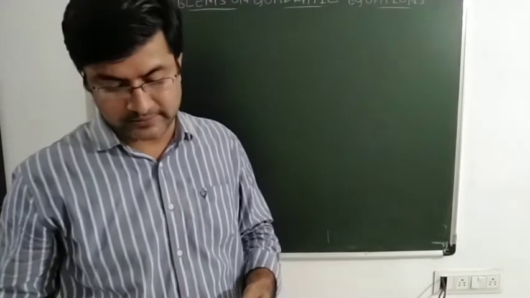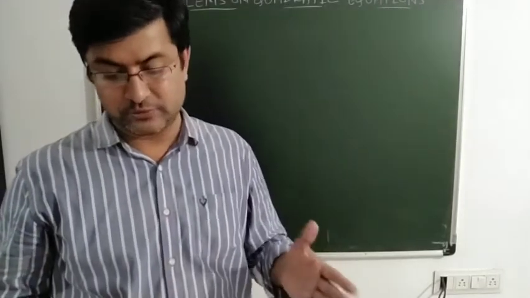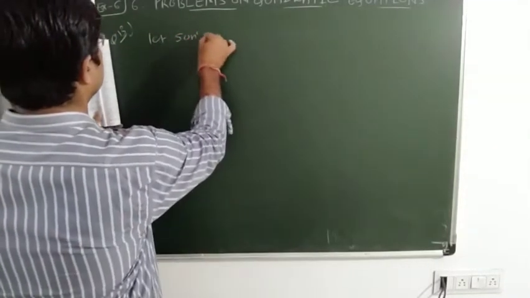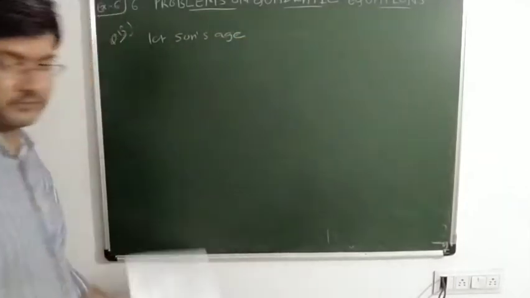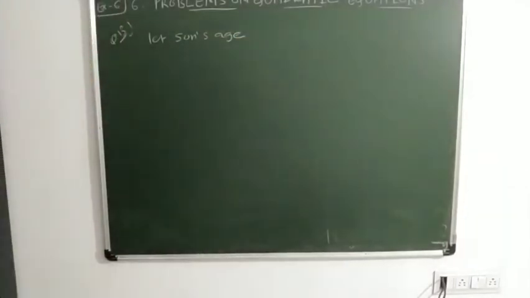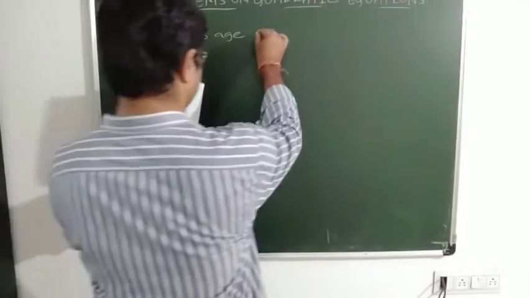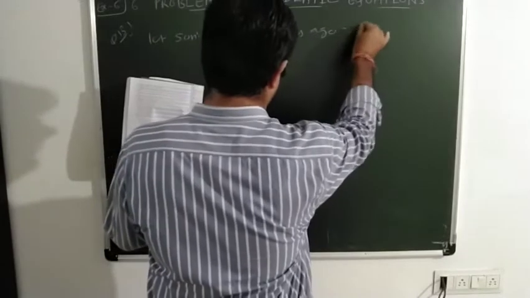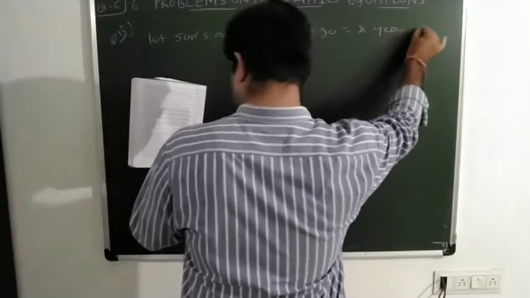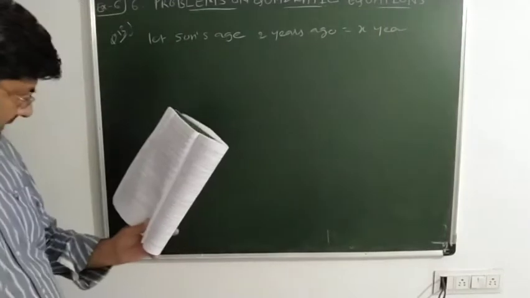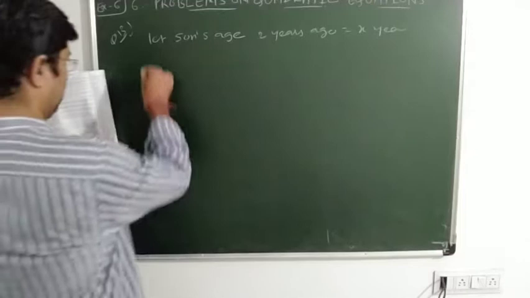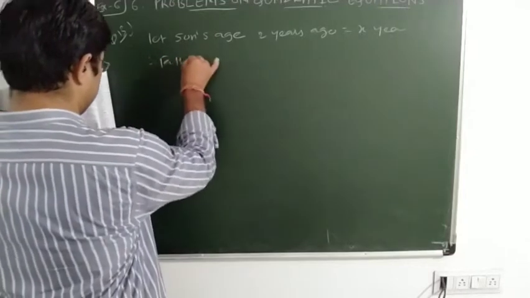Okay, so let us consider that the son's age 2 years ago was x years. Therefore the father's age was 3 times the square.